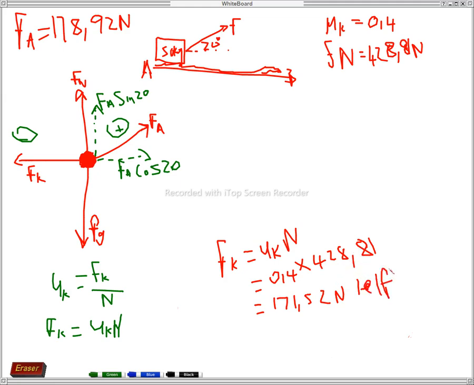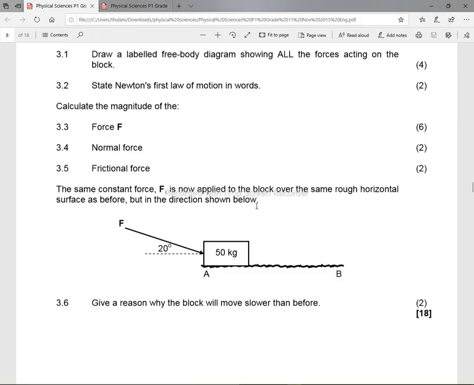Just to put yourself on the safe side, guys, write the directions. You are dealing with vectors here. A vector is a quantity of what? Direction and magnitude. Make sure that you do that. So that was the value of the friction, and then the next question. Yeah, you are done.